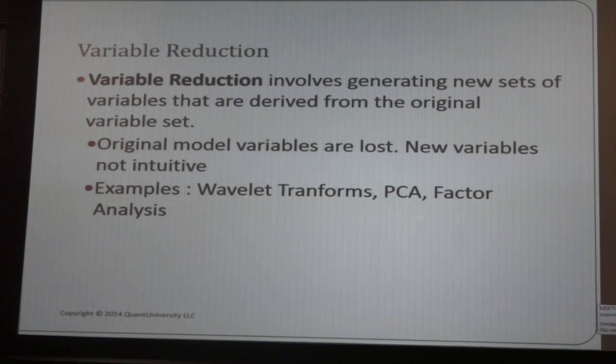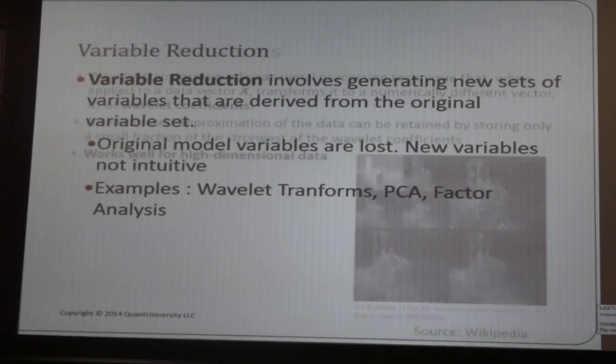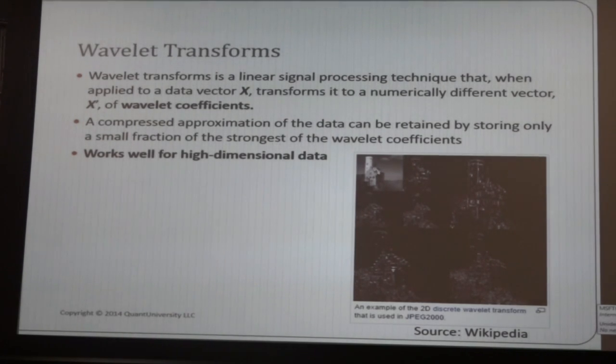So let's talk a little bit about that. In wavelet transforms, what you do is, if you have a vector of potential variables, you come up with another vector which represents the wavelet transforms for the original vector set.